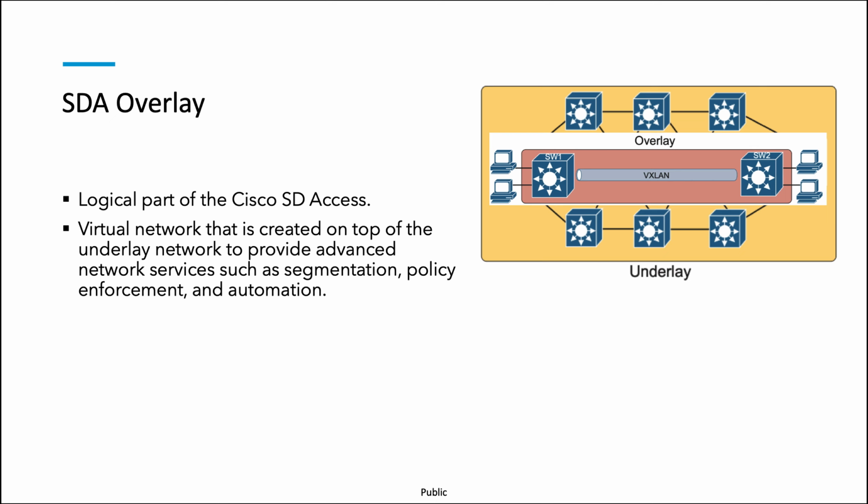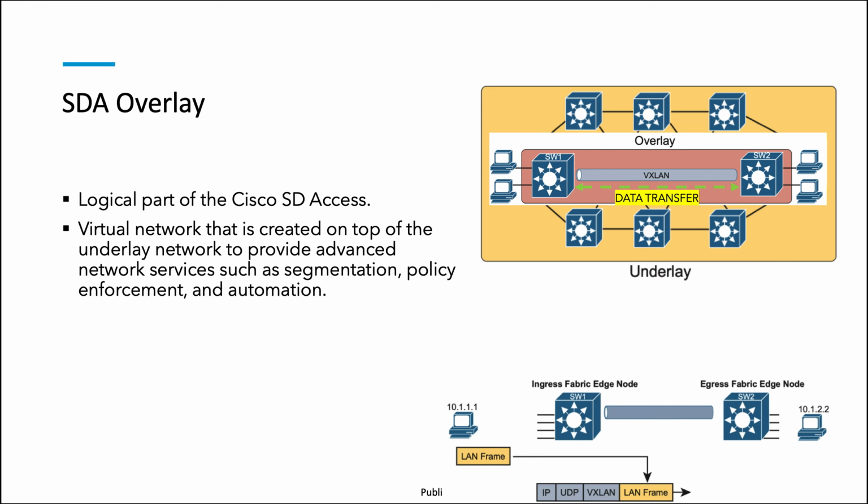Here the VXLAN tunnels are created between SDA switches to provide data transfer between different fabrics. At the first fabric edge node, the frame is encapsulated with VXLAN and sent to the network through the VXLAN tunnel. At the other end, VXLAN encapsulation is removed and the data is forwarded.